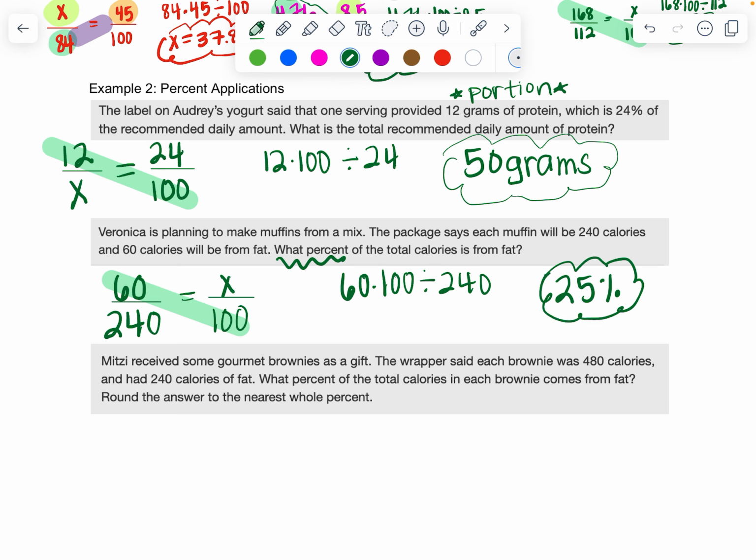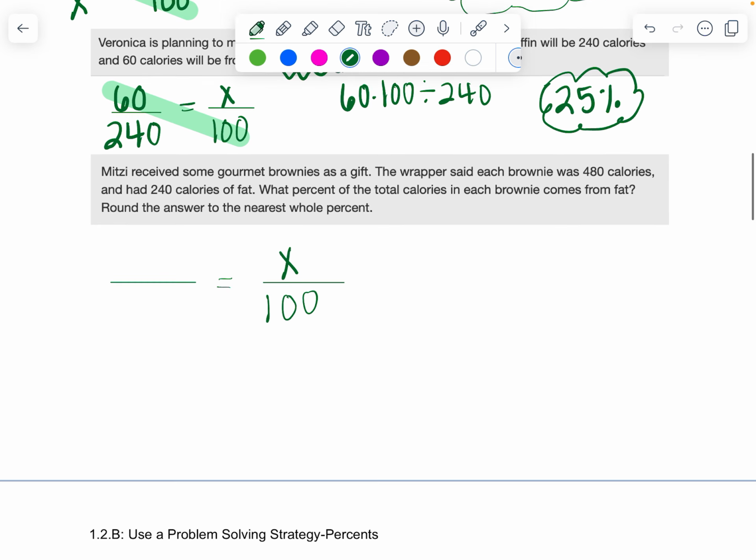So 25% of that muffin's calories came from fat. Mitzi received some gourmet brownies as a gift. The wrapper said each brownie was 480 calories and had 240 calories from fat. What percent of the total calories in each brownie comes from fat? So I know I'm looking for the percent.